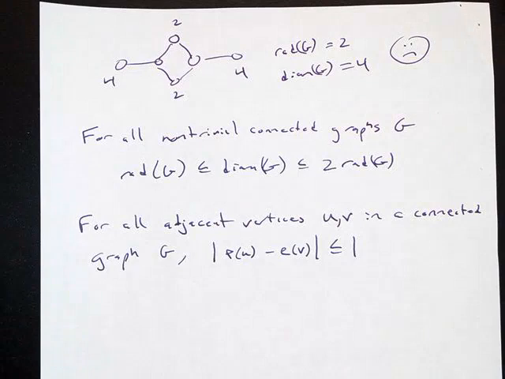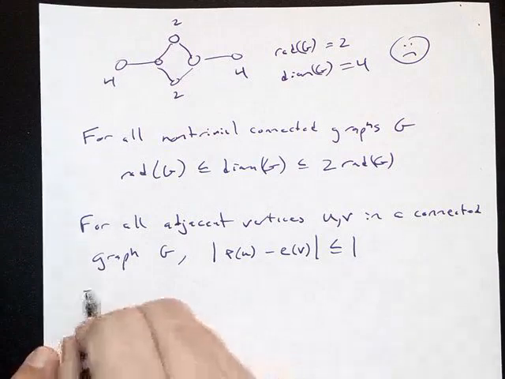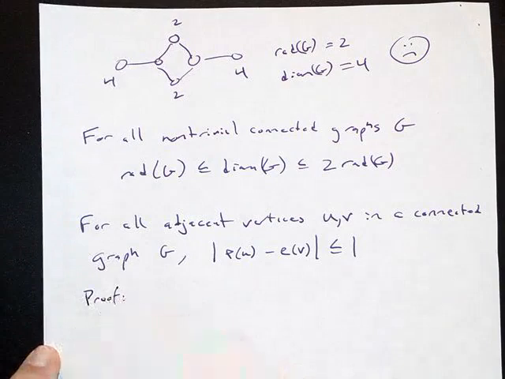Why? If my two vertices are adjacent, why must the eccentricities differ by at most 1? I want to write this one out because y'all are staring at me like I'm a space alien.